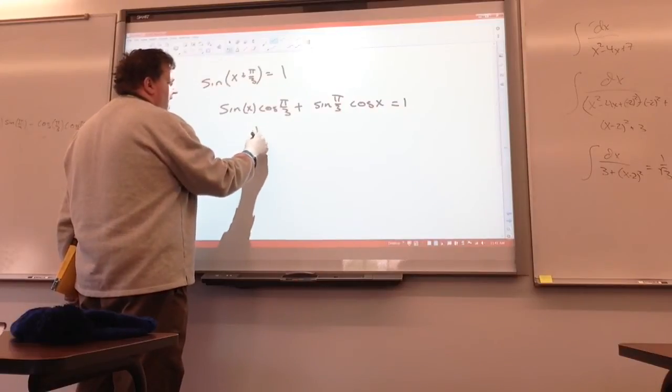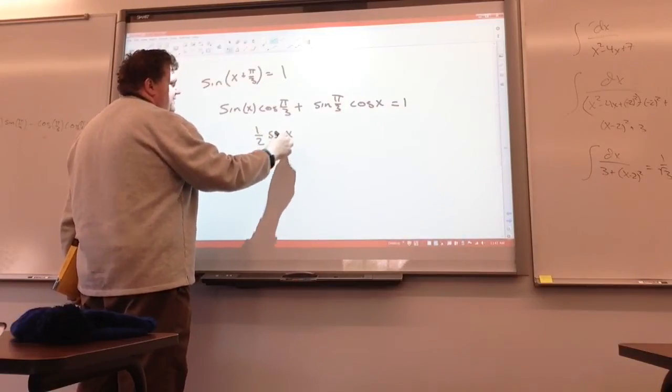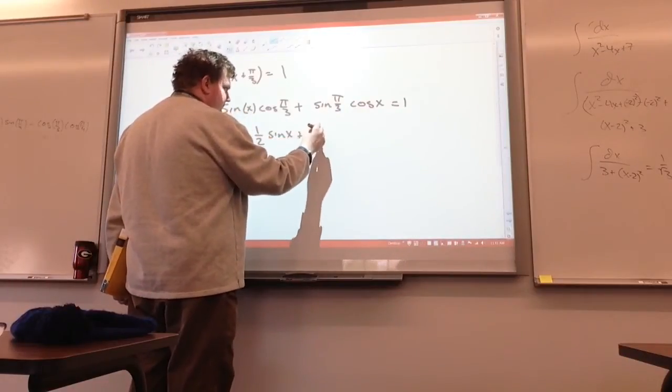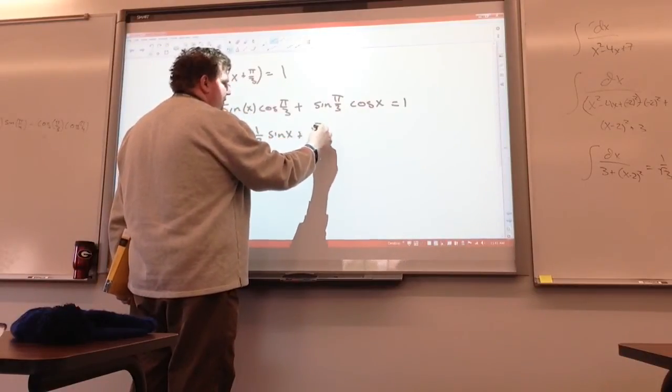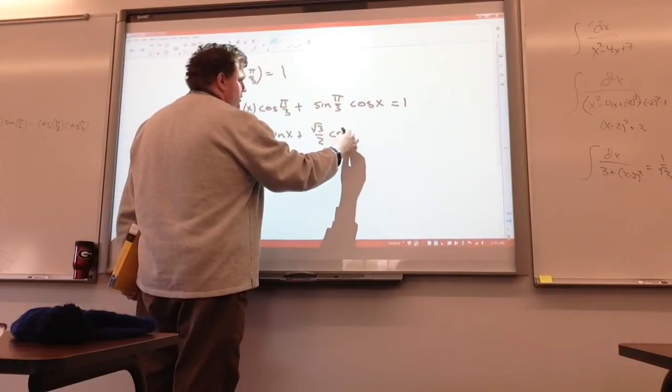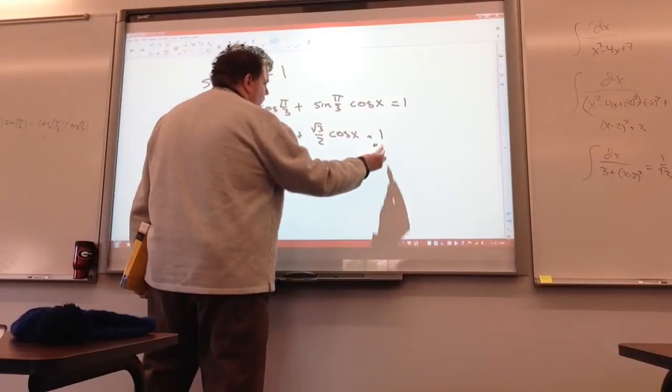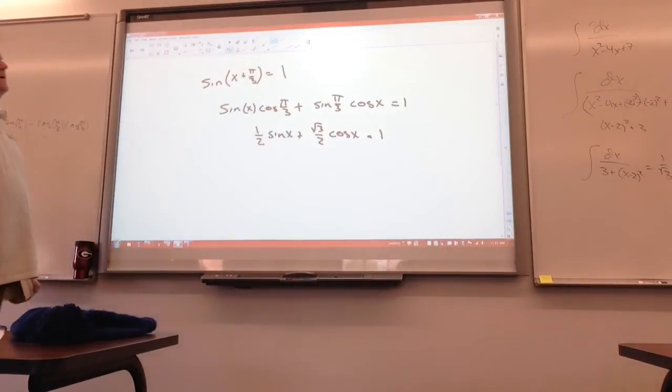This will be 1/2 sine of x plus root 3 over 2 cosine of x is equal to 1. And then from there, we could do some more cleanup. I might move the sine of x over, or do something else, but you would just keep working away at this until you get it to something you can solve.